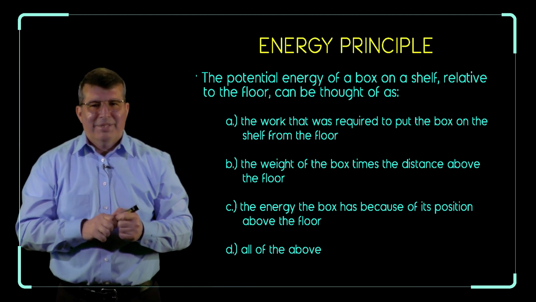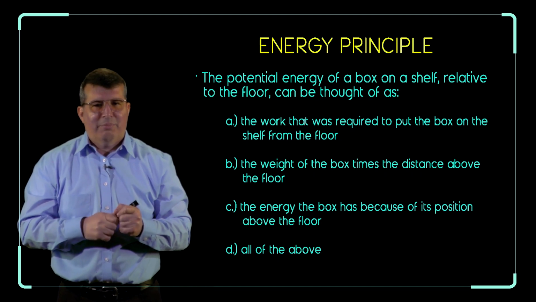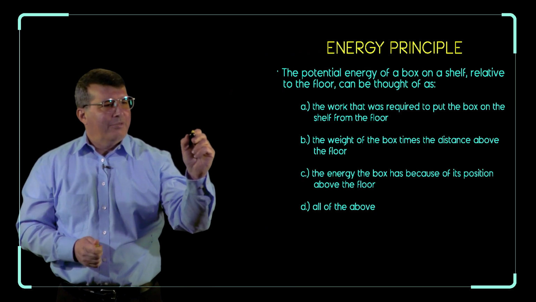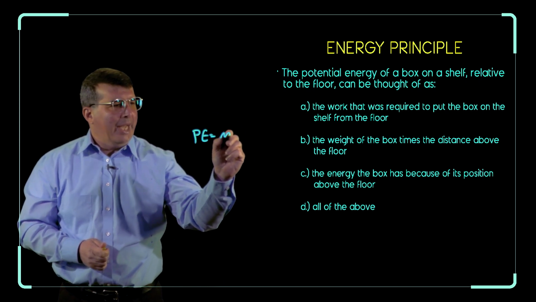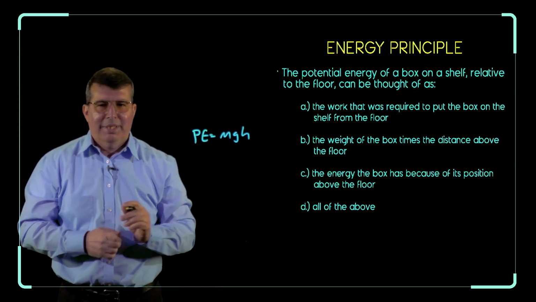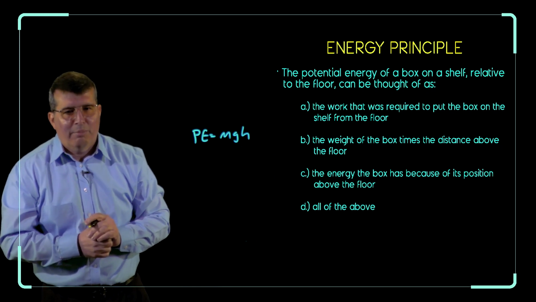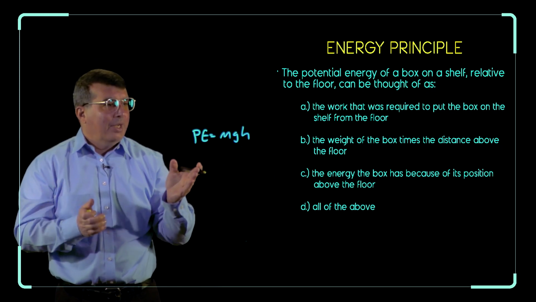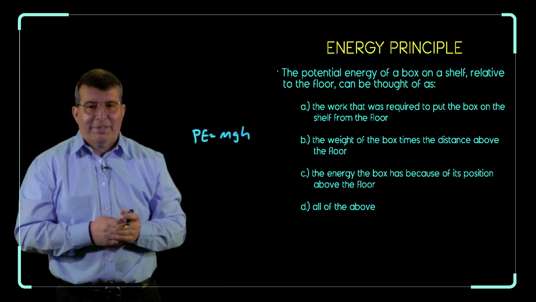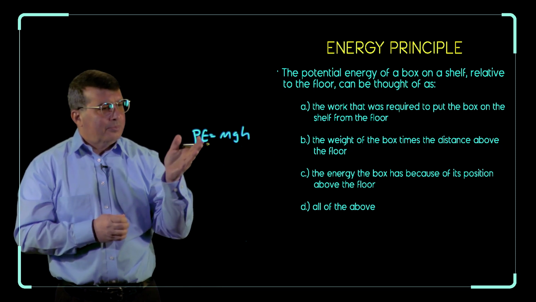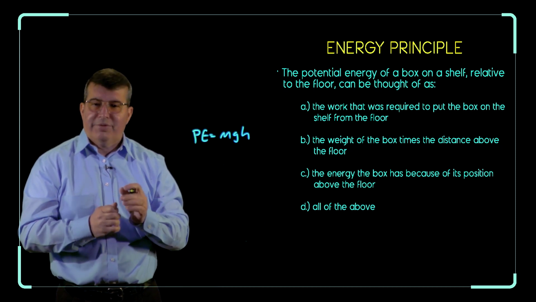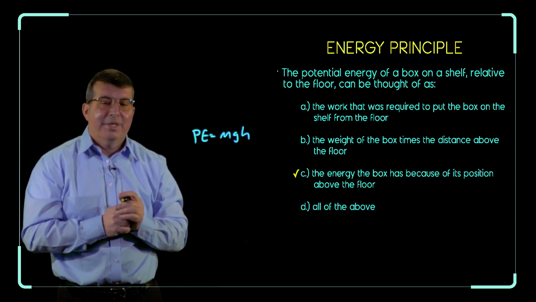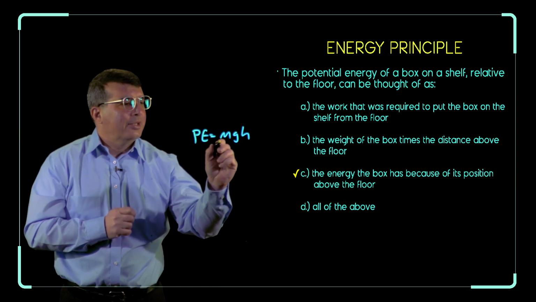Okay, so let's think about the potential energy of a box on a shelf. Well, we have potential energy is equal to mass times g times height. First off, that is the energy of the box's height. So the potential energy is the energy that the box has because of its height. So that was C. But let's think about this.